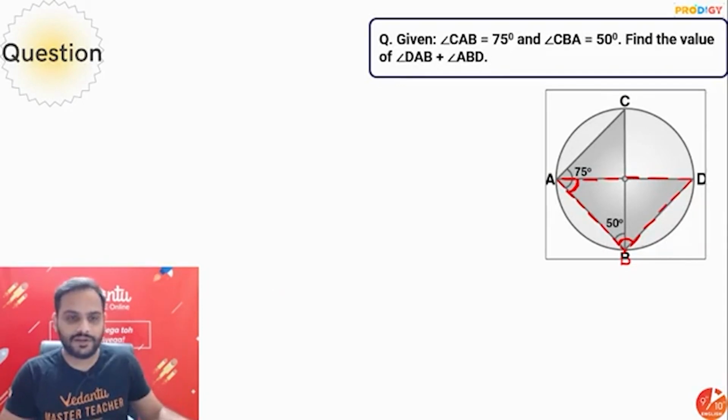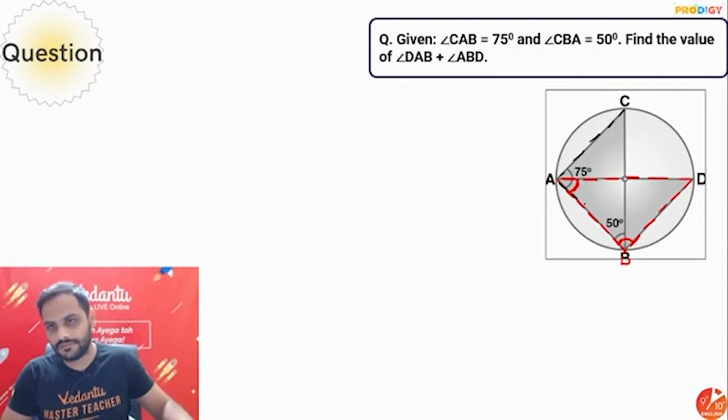First, I can start with triangle ABC, because in triangle ABC we know one angle is 75 degrees and another angle is 50, so we can easily find the third angle.